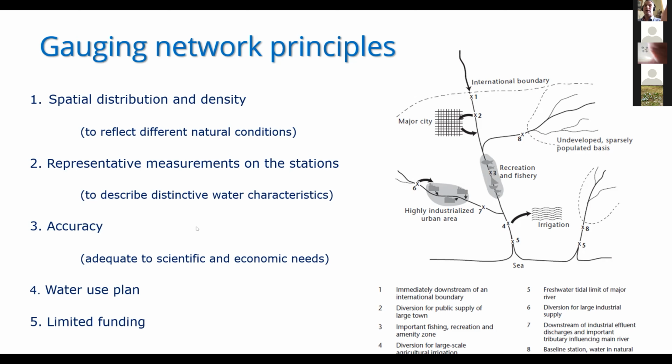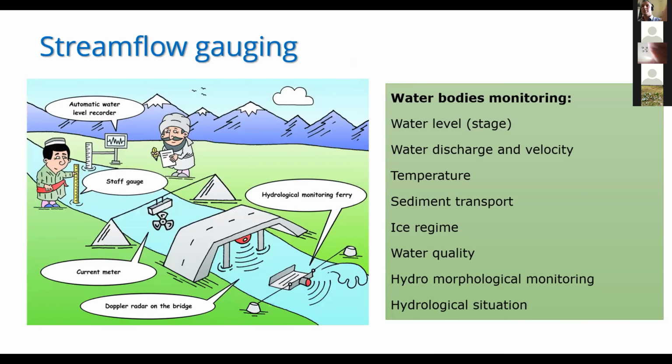First of all, hydrological measurements. When we speak about hydrological measurements, we talk about stream flow gauging. Stream flow gauging programs are very different between countries, between territories, and these programs can consist of 2 or 3 components.